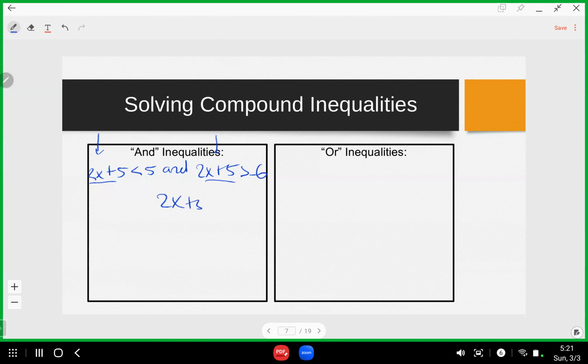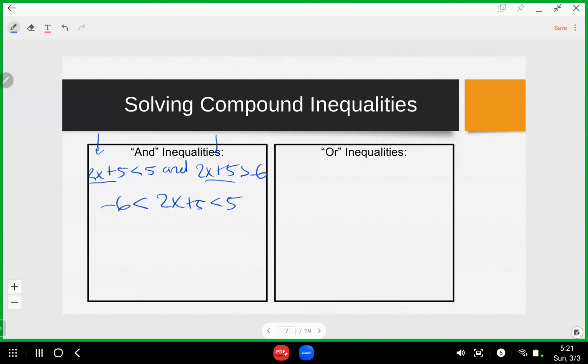So 2x plus 5 is in the middle, like this. And you combine them, that's why it's called compound inequalities. But you can only do this when it is an and inequality. You cannot do this with an or inequality.